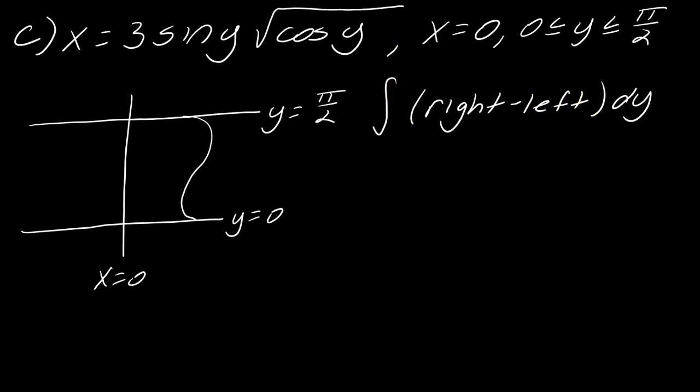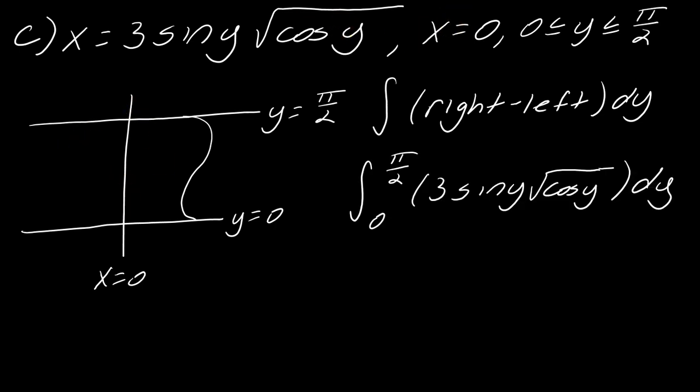Just for my purposes, I can really easily tell this part here, which represents my very whack drawing of the function, is the rightmost part. So it's going to start with this minus the leftmost part, which is 0. So this is going to look like just this function here. This is all I have to integrate, and I'm integrating from 0 to pi over 2. That was almost like a freebie in the problem.